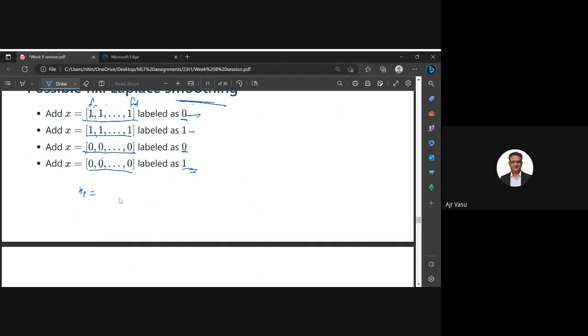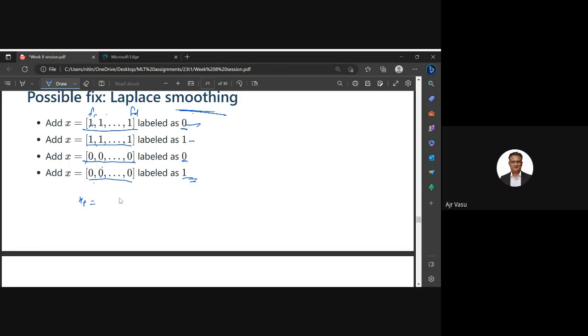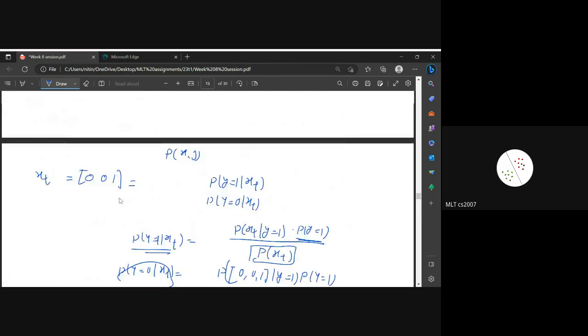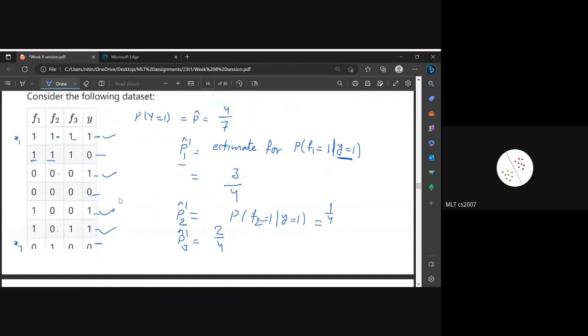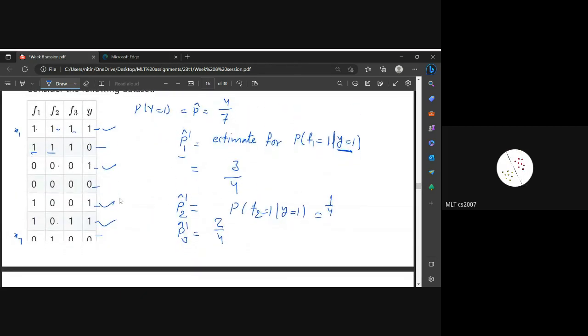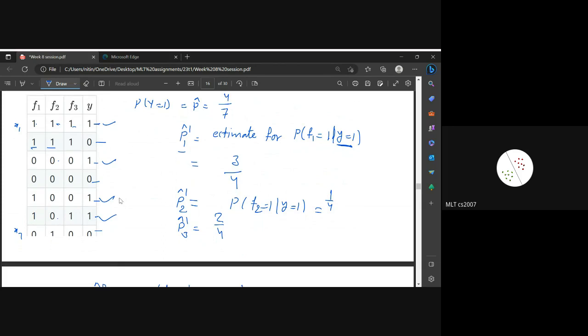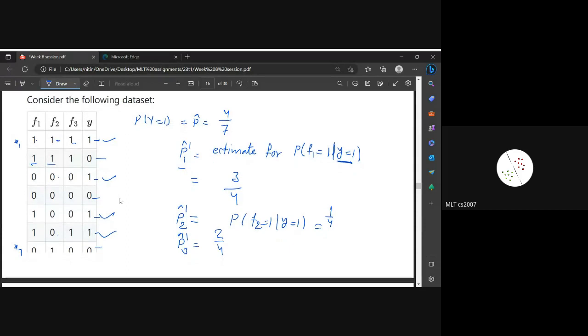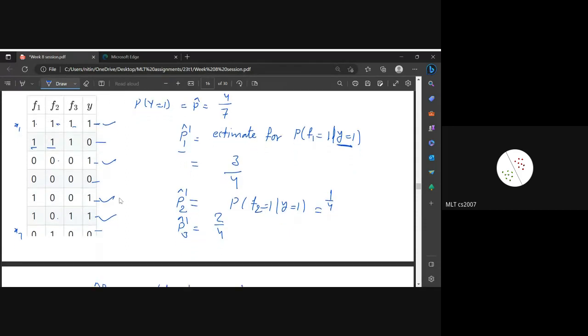So I'm saying, initially, if the probability was 0, can we put some numbers? Let's say for this particular example, 1 by 3 was for p1, and let's assume this was not in the training data points.